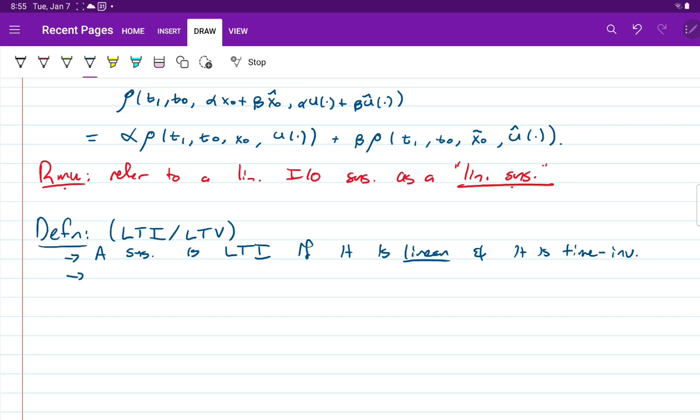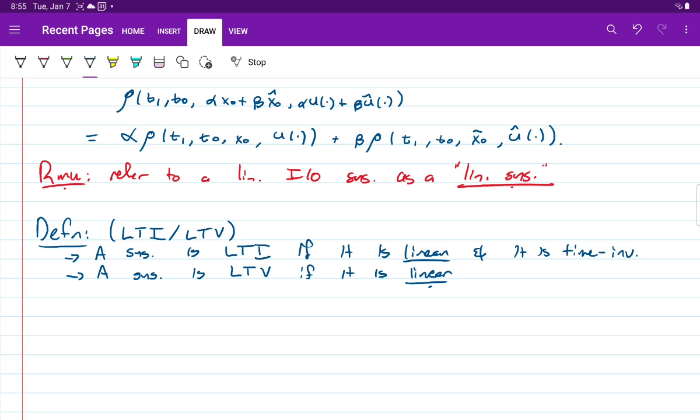Now, if a system is not time invariant, but it's still linear, we'll generally say that it's called linear time varying. All right? So a system is linear time varying if it is linear. Okay, so I want to make just a quick distinction. A lot of the times when we say linear time varying, we can actually allow the system to be time invariant.